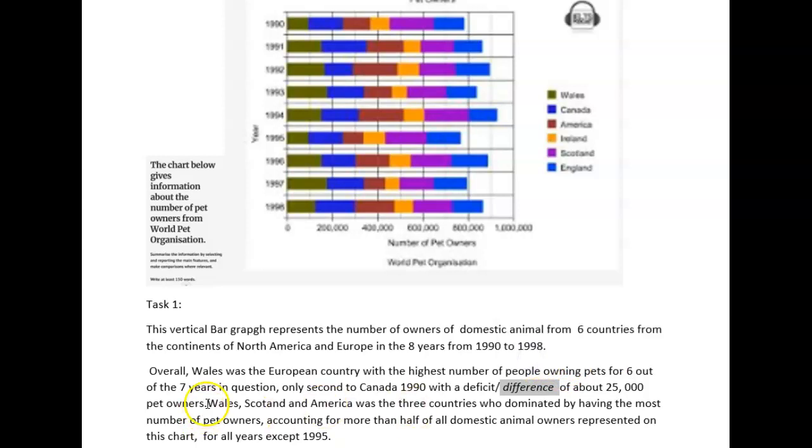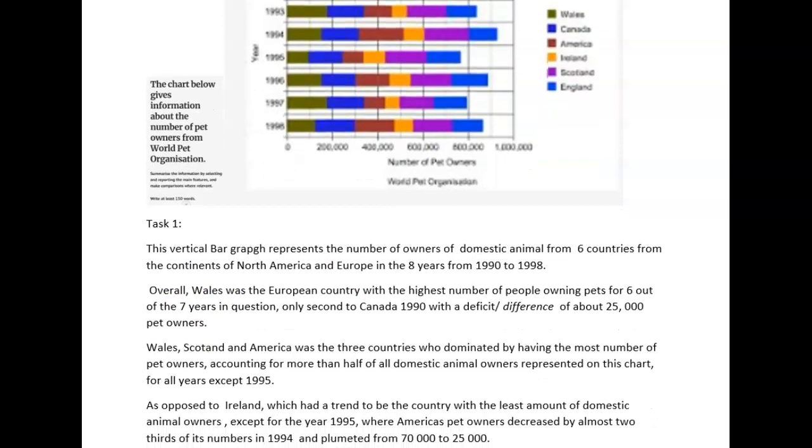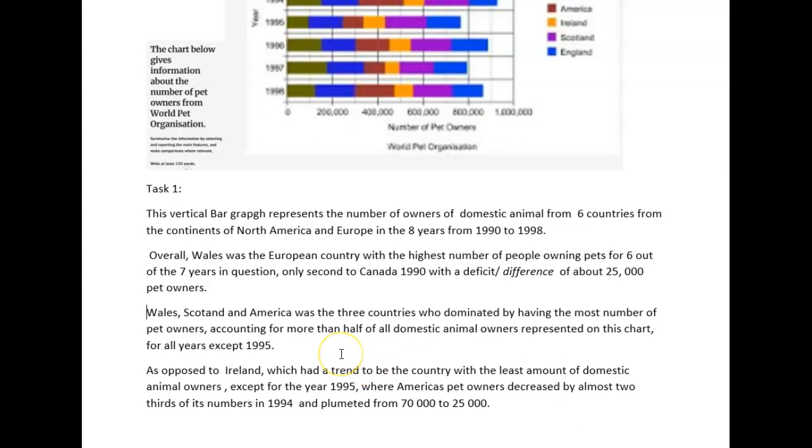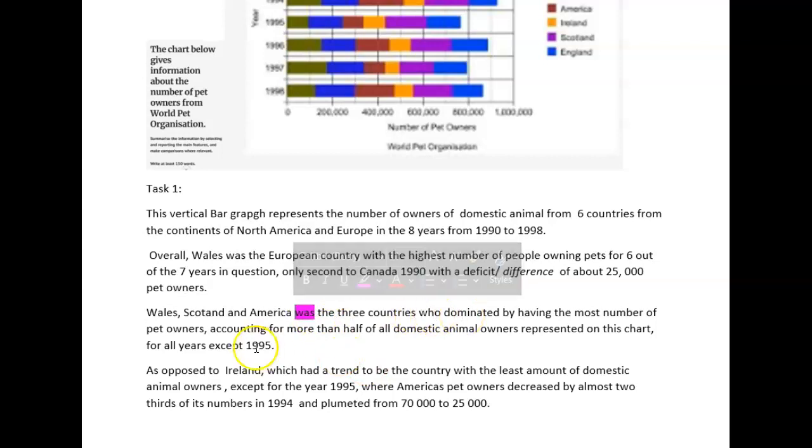Now, in terms of organisation, you need to come into your paragraphs. So one initial sentence, one overall, okay? And then you need to come into your body paragraphs. Wales, Scotland, and America, there's 3 of them, were the 3 countries who dominated by having the most pet owners. Giving me some numbers, okay? Registering.